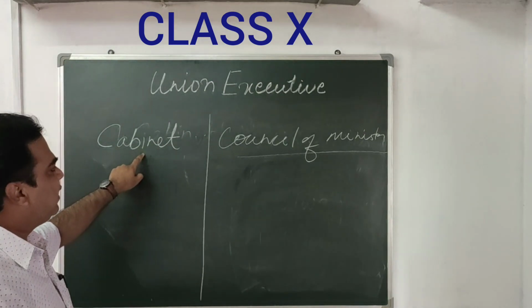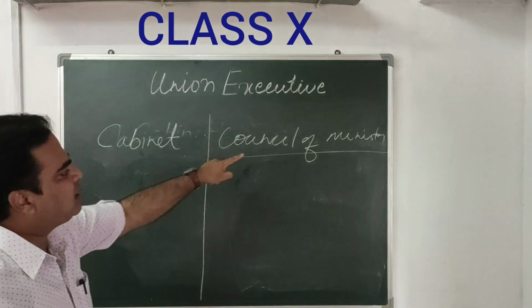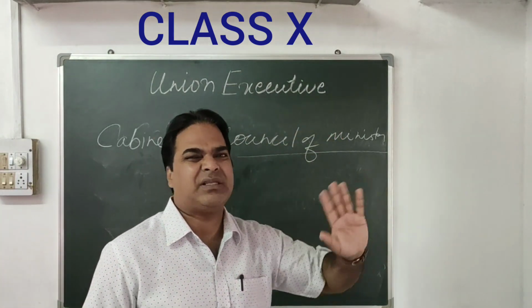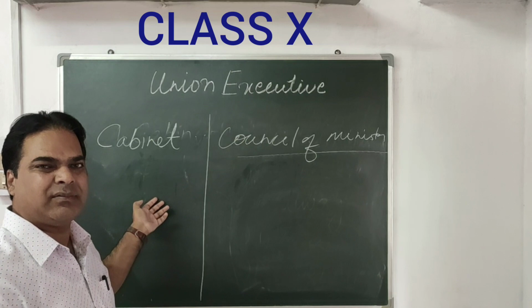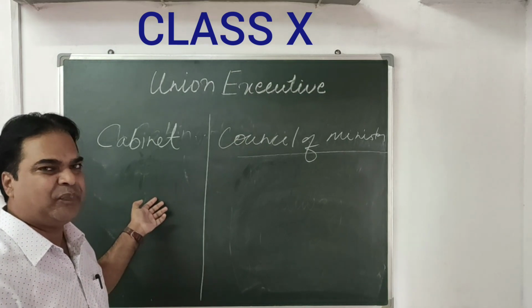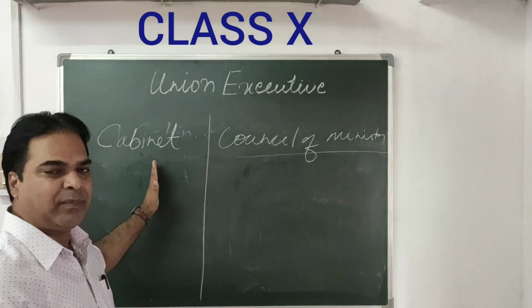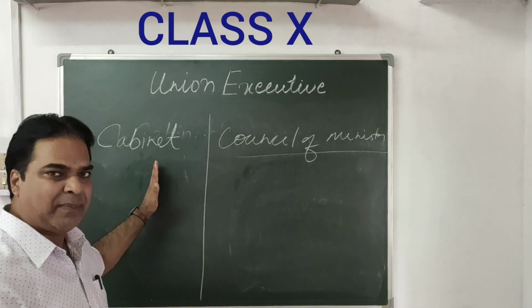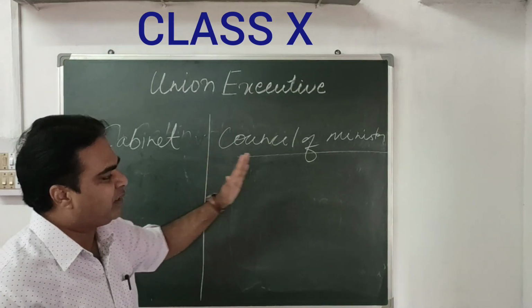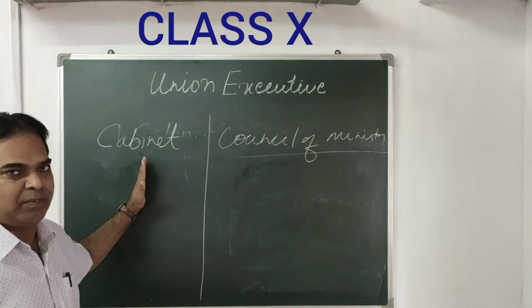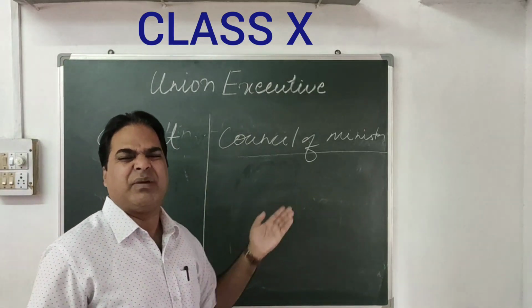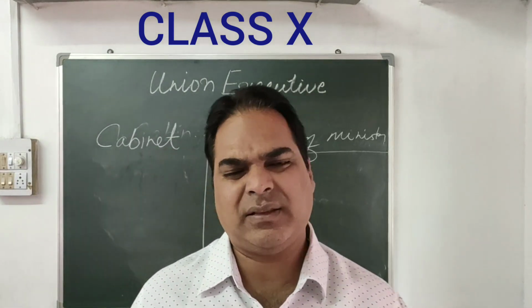But whenever a meeting is held, the state ministers and deputy ministers are not at all invited. They are not of much importance. So important decisions are taken by the cabinet under the guidance of the prime minister. Their presence is not important. If they invite any of the ministers to be a part of the meeting, that's okay.